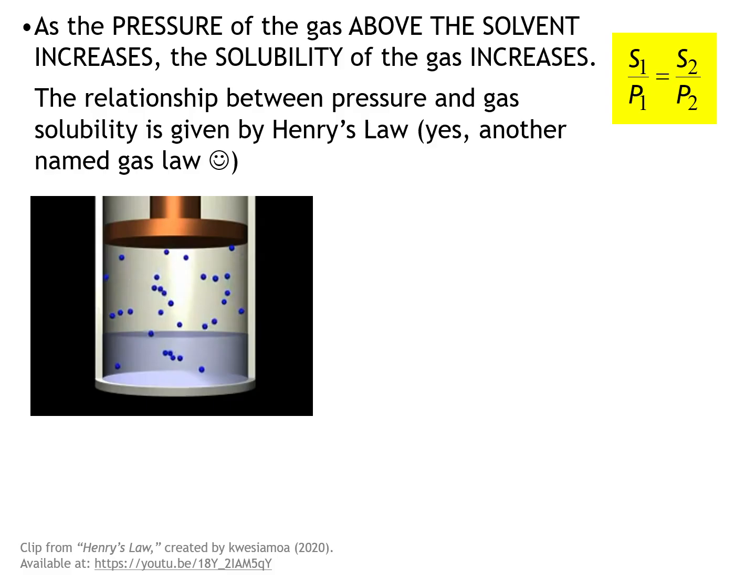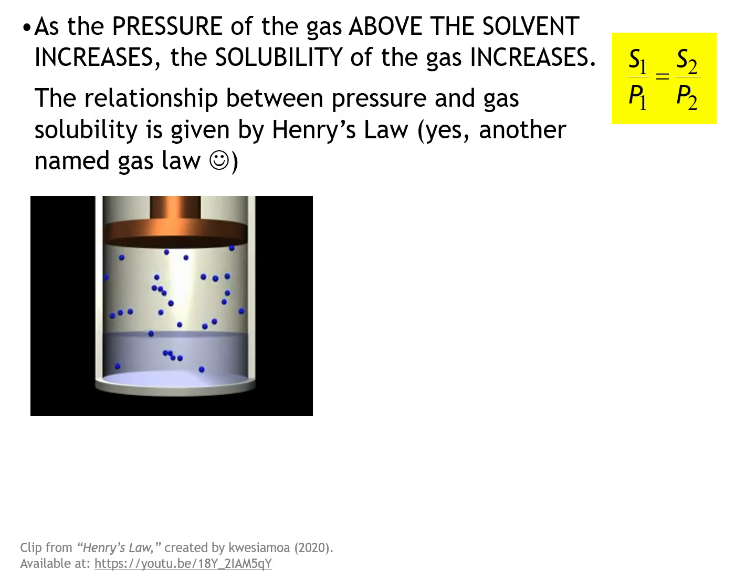Then we go on to the last part, where we're going to talk about how pressure affects the solubility of a gas. Henry's law, another gas law, says that the solubility of a gas is directly proportional to the pressure of the gas above the liquid. If the pressure doubles, the solubility will roughly double.